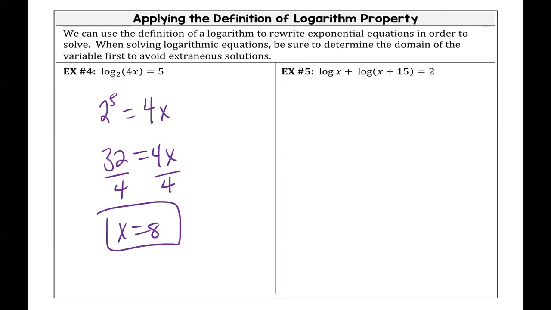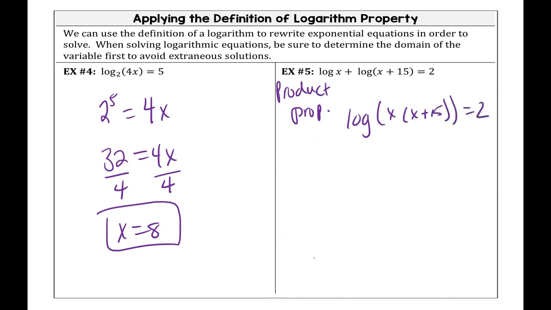All right. Number 5 is an example of where we're going to use all of our properties because in order to solve, you want one log. So if I want one log value here, which property will allow me to combine? The product property, right? So using the product property, this becomes log of x times x plus 15 equals 2.